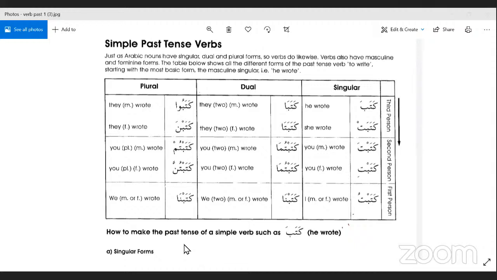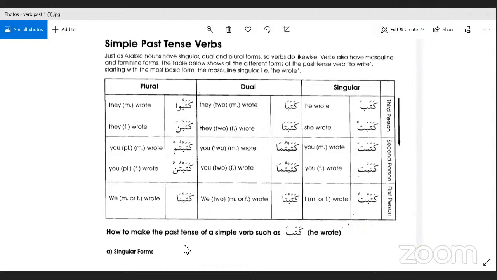Alimat for a lady, she knew. Alimata, they two knew. Alimna, more than two women knew. Excellent.